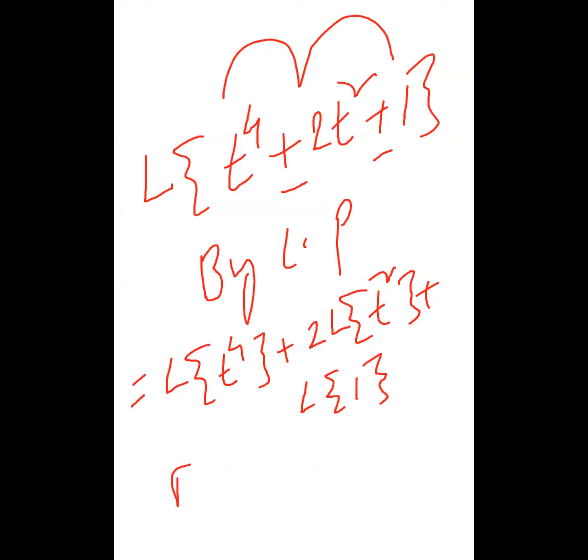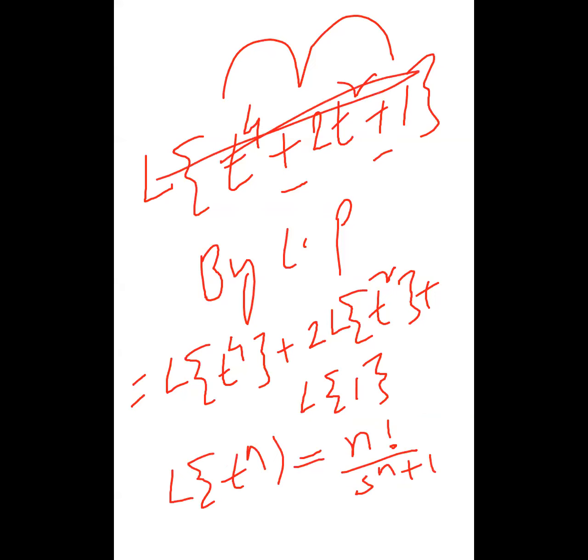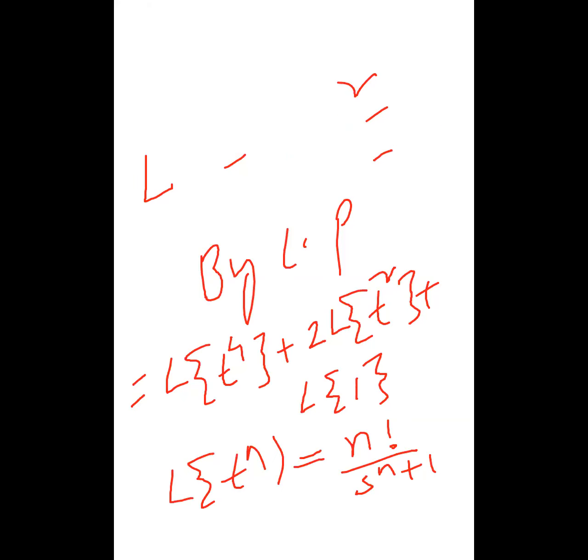So L of t power n equal to n factorial by s power n plus 1. First applying to t power 4, here n is 4. So L of t power 4 is 4 factorial by s power 4 plus 1.